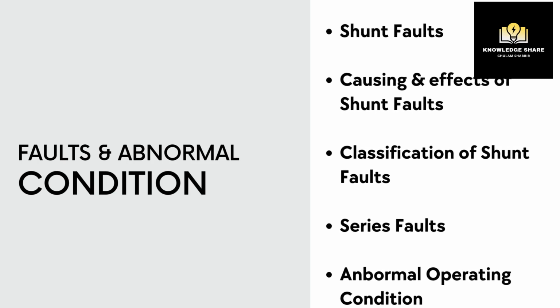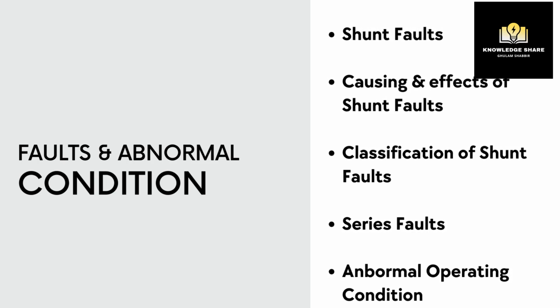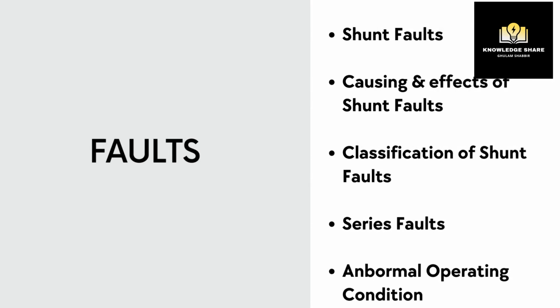We will see shunt faults, causes and effects of the shunt faults, classification of shunt faults, series faults, abnormal operating conditions. First of all, we shall discuss faults and then abnormal conditions.